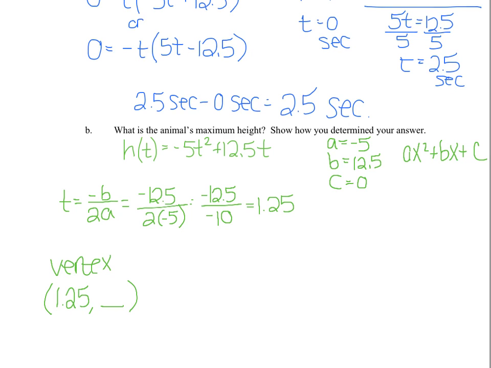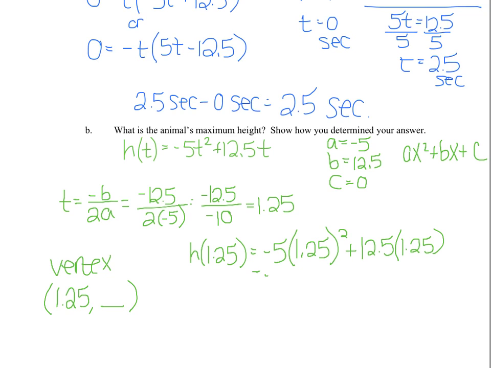In order to find that something, I need to plug in 1.25 for t. So I'm going to find h of 1.25, which means anywhere where I see t, I'm going to be plugging in 1.25. So negative 5 times 1.25 squared plus 12.5 times 1.25. Well, 1.25 squared is 1.5625.